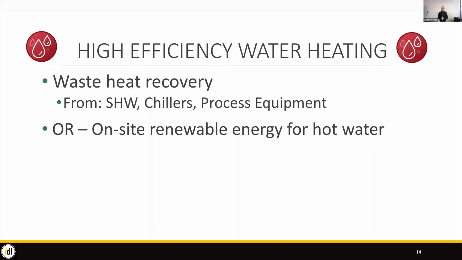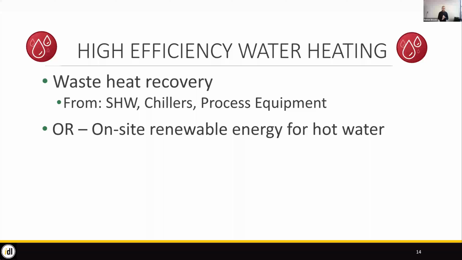And then process equipment. If you're recovering some heat from that, that's great. It doesn't necessarily apply to offices, though. This only applies to buildings that meet residential, healthcare, restaurants, or where the hot water load is 10% of the building energy.